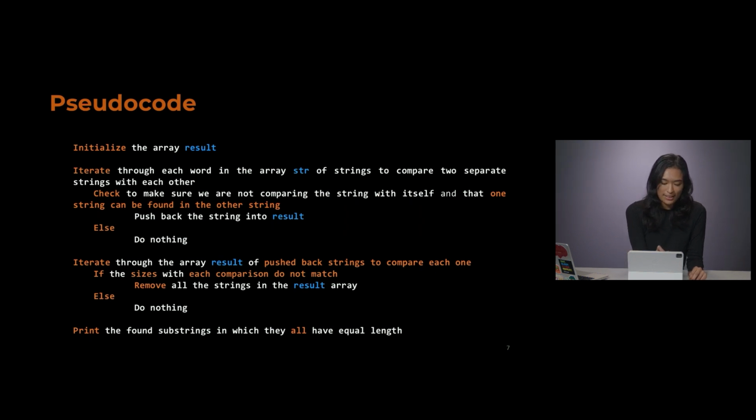First, we will initialize the array result, which will act as our storage container for the matching substrings that we find. Then we will iterate through each word in the array str, which will be passed in, to compare two separate strings with each other.